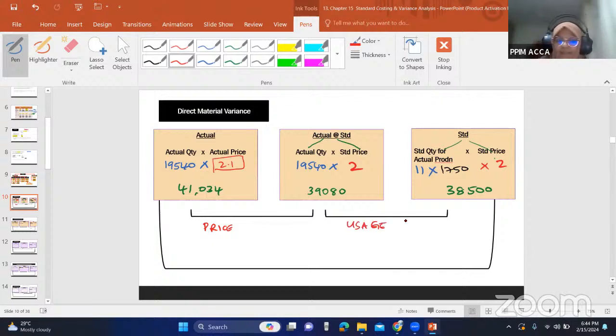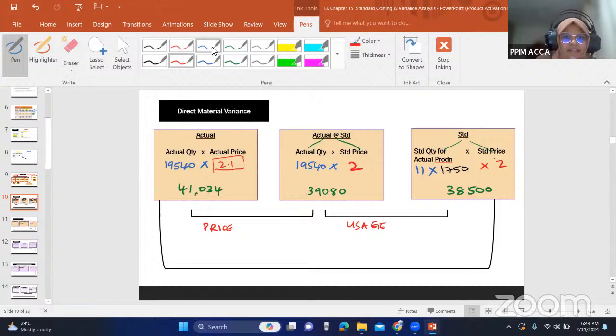When it came to direct materials, there were 2 variances, price and usage. So the difference between the first and the second box will give you price. The difference between the second and the third will give you usage. What's important is for you to understand and remember this structure. If you can remember the structure, you can conquer any question to do with variance analysis.